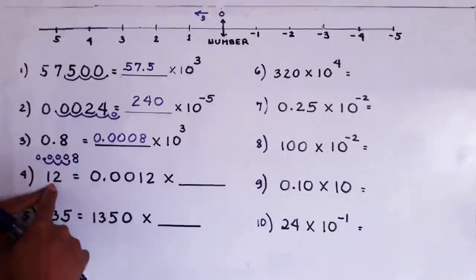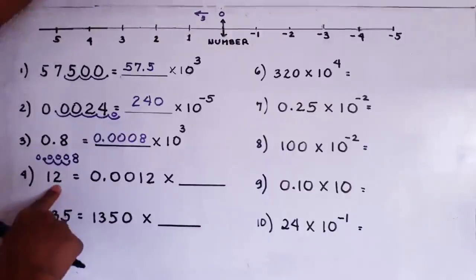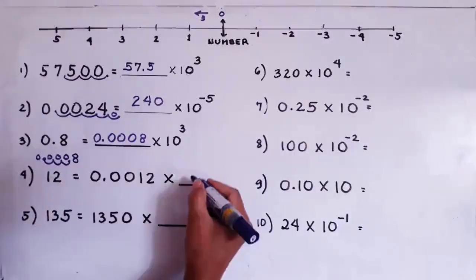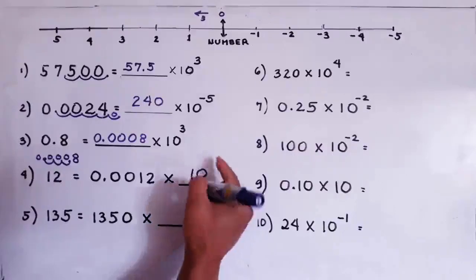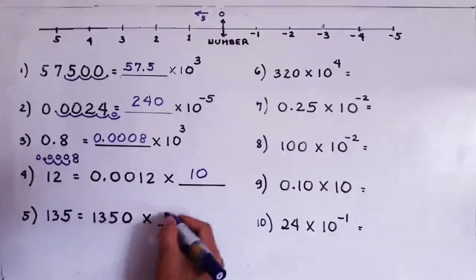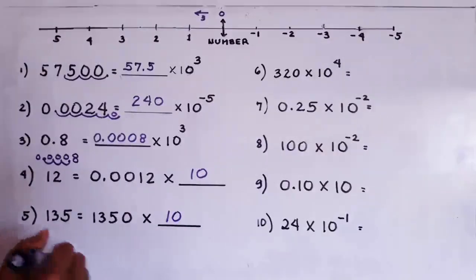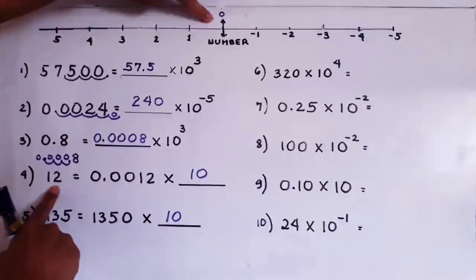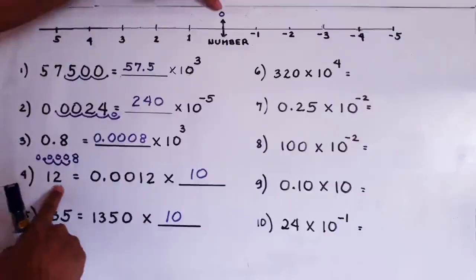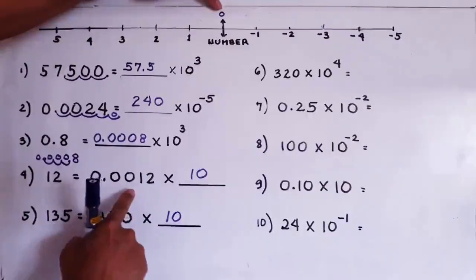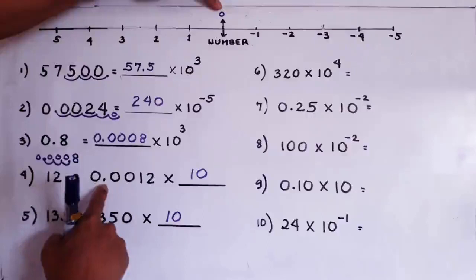Okay, let's have 12. The 12 is here. This one is different. We are going to find times 10 and then exponent here. The 10 is missing, so we're going to find the exponent here. So our 12 is here, and it becomes this one.